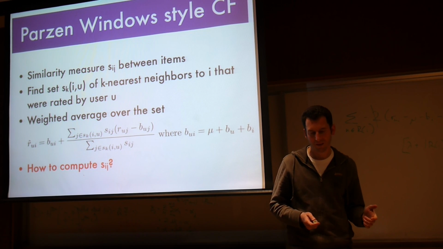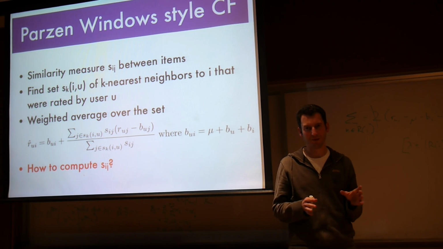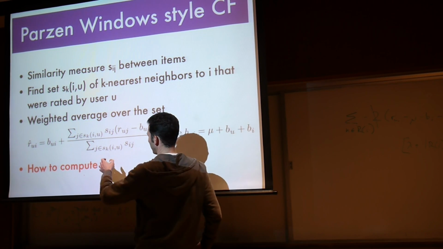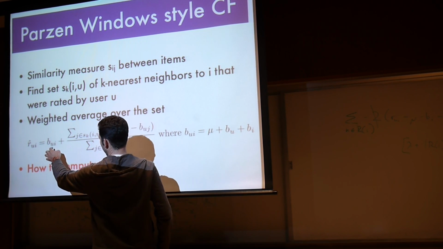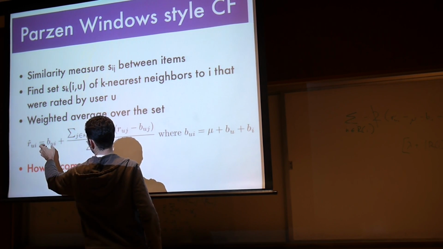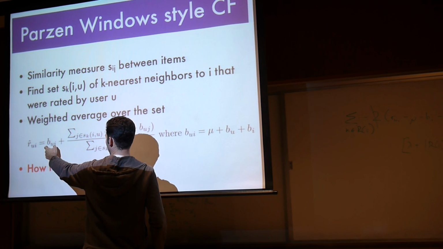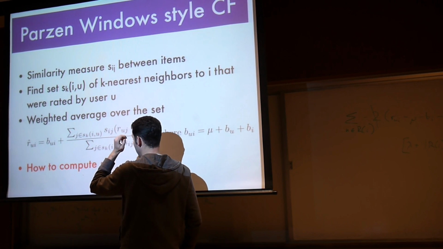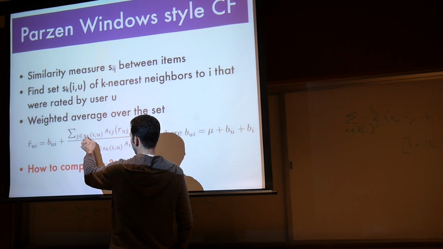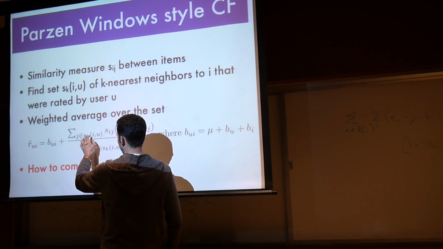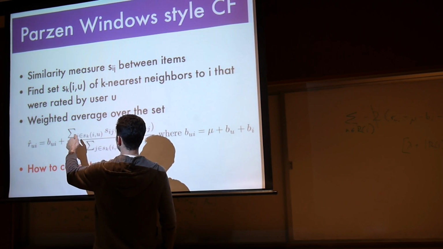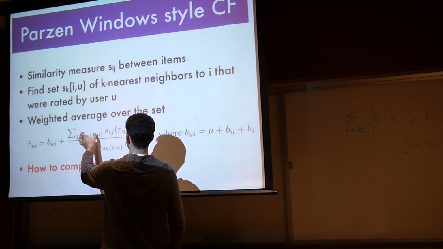And then, assuming that I have some clue of how to get those similarity scores, and we'll get to that in a moment, if I want to find out whether user u likes movie i, I'll take the bias between user u and movie i, or b_ui, and then I sum over all the corrections of movies that were also rated by users who also rated movie i.